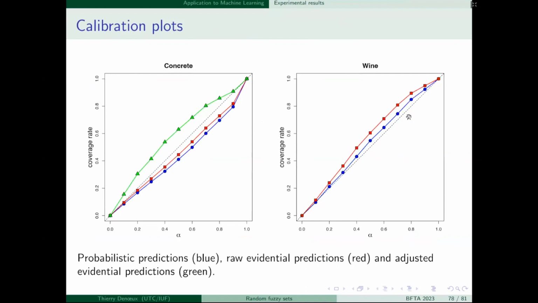Here, even our model is overconfident, so we now have to decrease the precision terms. We have to tune using a validation set. We tuned those precision terms to be less precise, and we get that yellow curve. And here, the probabilistic method is already precise.